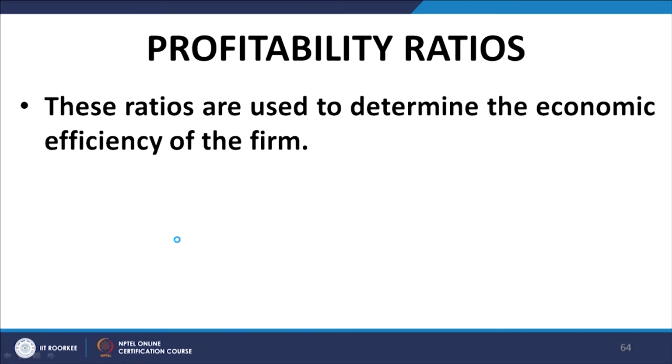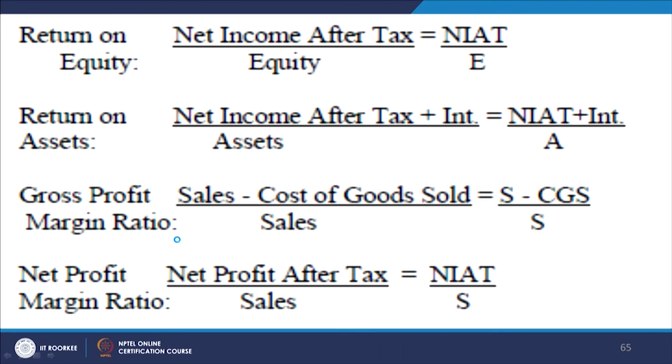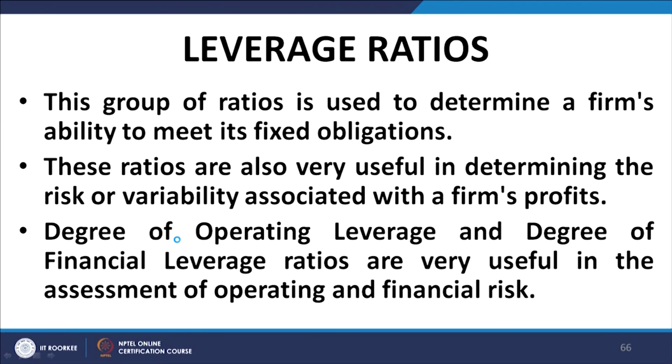Profitability ratios give you a feel about the economic efficiency of the firm. These include return on equity, return on assets, gross profit margin ratio, net profit margin ratio. Leverage ratios are more important. They give you an idea about the level of debt that is present in the company, and comparison with similar companies could give you useful inputs about the financing structure and the financial soundness of an entity.